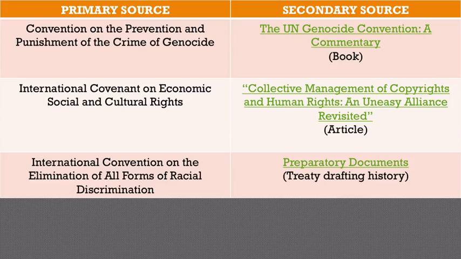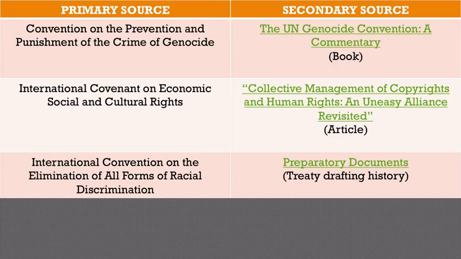Now on this chart, you'll see that I've included primary sources on the left and analogous secondary sources on the right. So first, the Convention on the Prevention and Punishment of the Crime of Genocide, and then to the right, I've included a link to a book which provides commentary on that convention. The International Covenant on Economic, Social, and Cultural Rights.